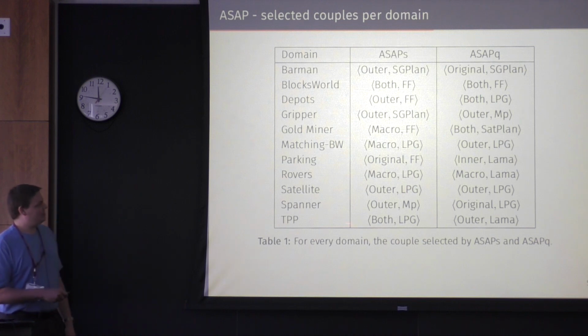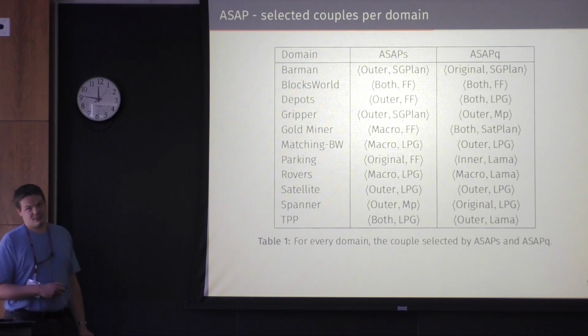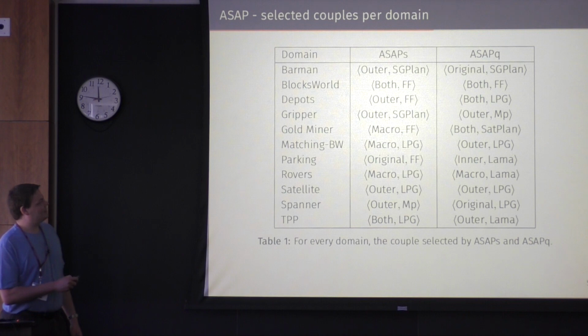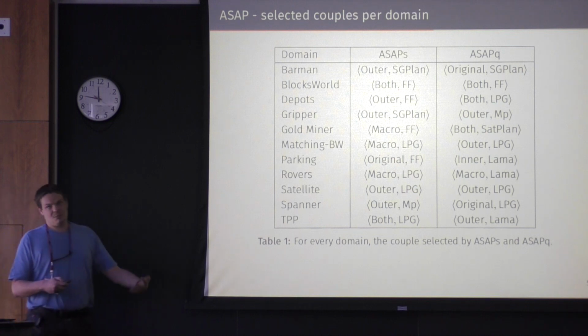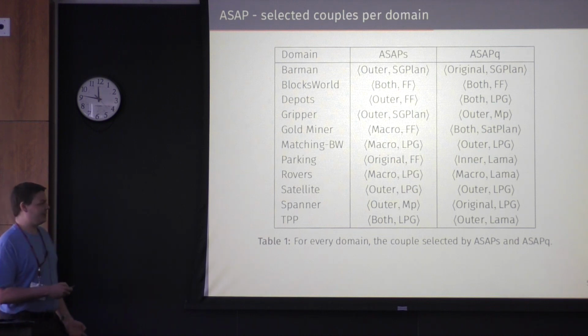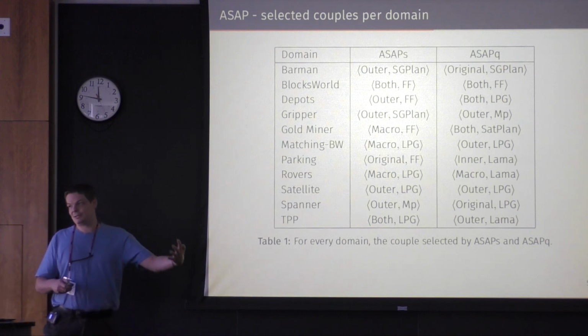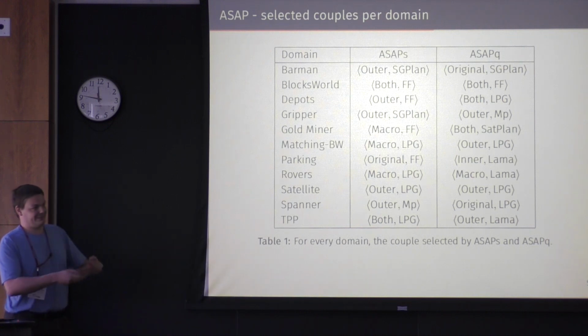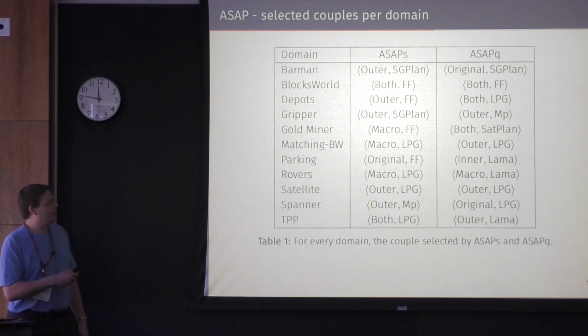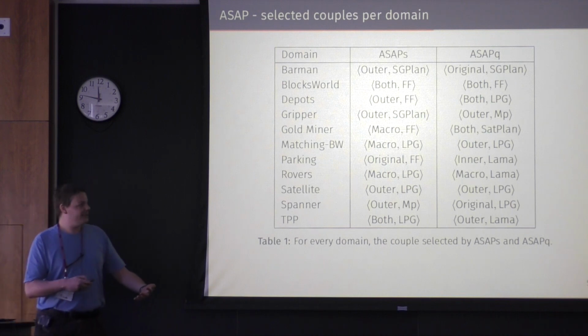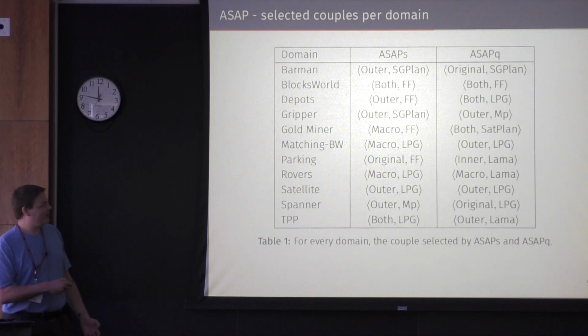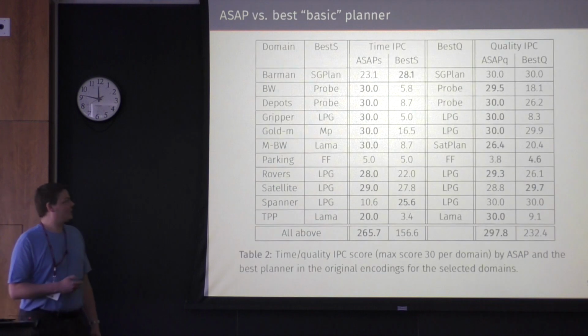And here are the best couples we learned. Interestingly, there are a lot of differences, not only in planners but also in encodings. Clearly it depends on encoding and planner, and it makes some sort of variation. That's why we need these types of domain knowledge, because in a certain domain and with a certain planner, a particular combination works well.